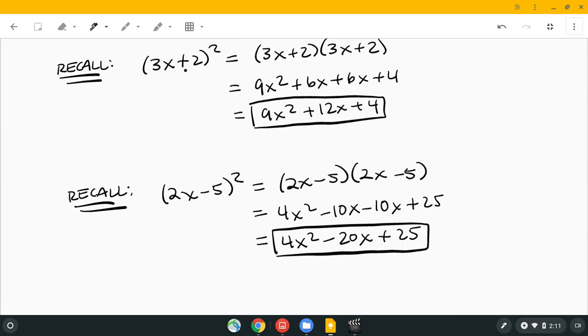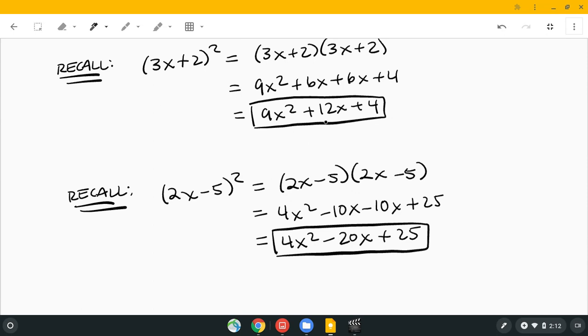And they're the perfect squares of the two terms here, 3x and 2: 9x squared, 4. 2x and 5: we get 4x squared and 25. So we see the terms on the ends are the perfect squares of the terms that are here.